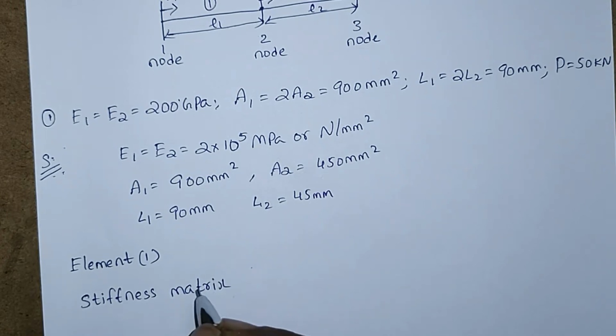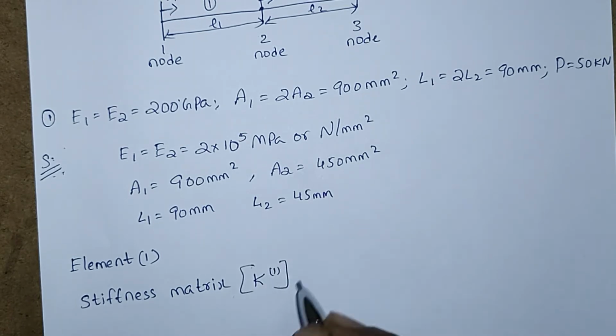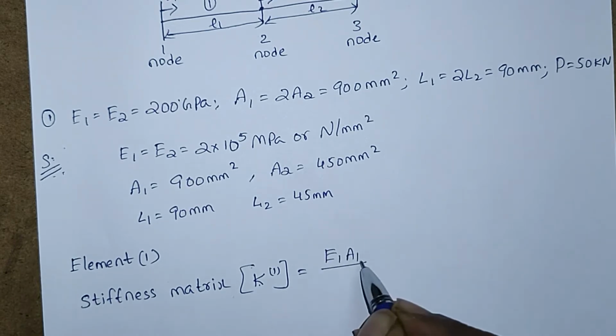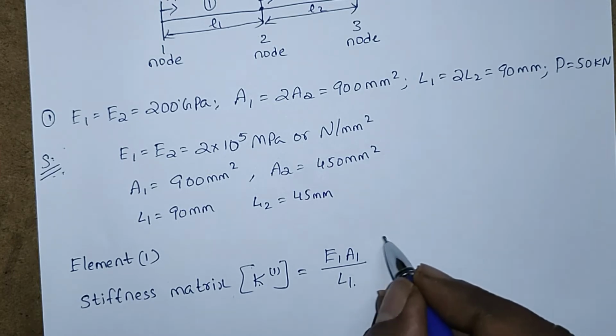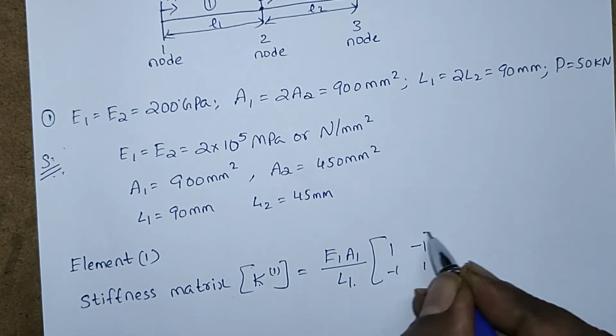For element 1 we have to calculate the stiffness matrix. It is represented as K for element 1, so K stands for the stiffness matrix for this element 1. That is equal to modulus of elasticity into area 1 by length 1 of the matrix 1 minus 1, minus 1 1.